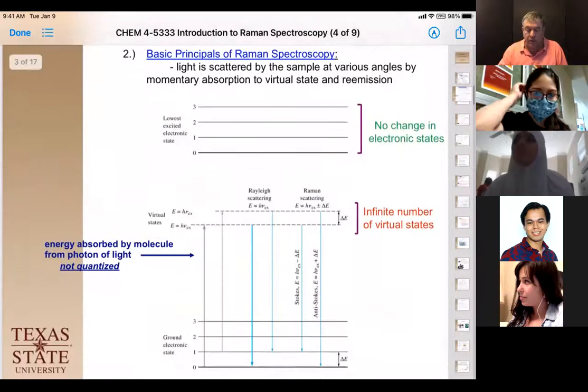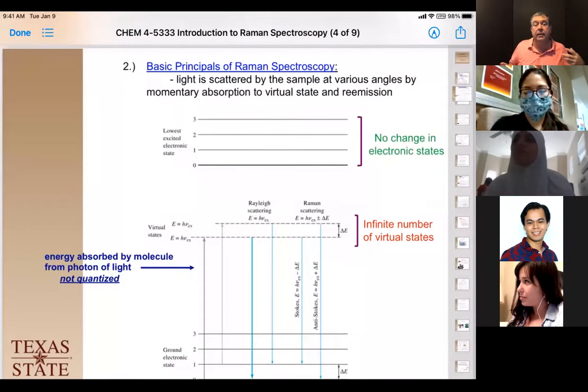The idea here is that we have to excite it with some kind of energy, and usually in Raman spectroscopy we excite with light. When light is absorbed by the system, it can do a couple of different things.